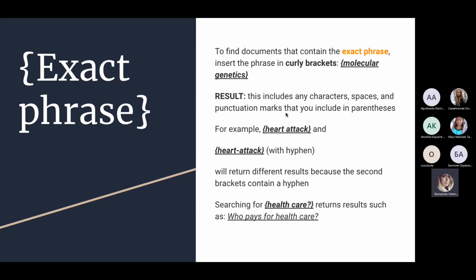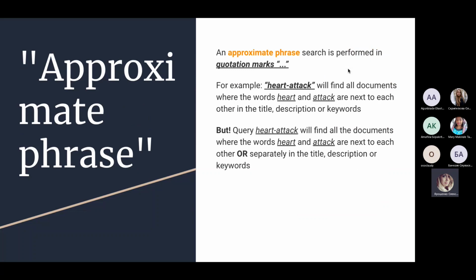So if we have an exact phrase, it could be the name, the title of the journal, or it could be the title of the article, or it could be any exact phrase. We need to take the exact phrase in curly brackets.